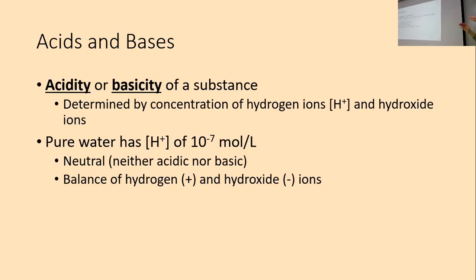Regular old pure water is neither acidic nor basic, which kind of makes sense, right? Each water molecule that dissociates makes one of each, so we're going to have a balance of positive hydrogen ions and negative hydroxide ions, because that's all that's there.